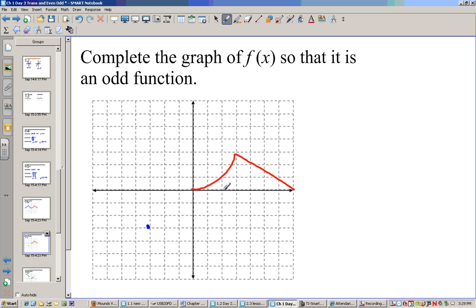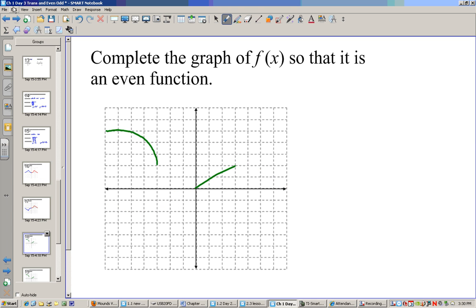This point is 2, 1, so negative 2, negative 1. So it would look something like this. And then this point is at the end in 0, so this would also have to be negative that in 0.